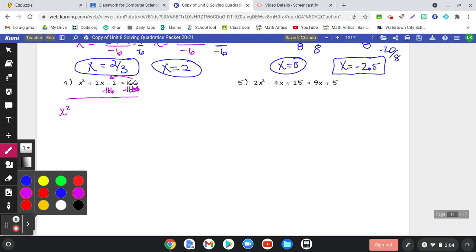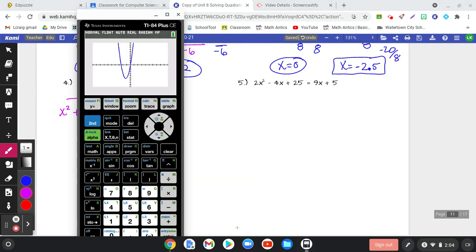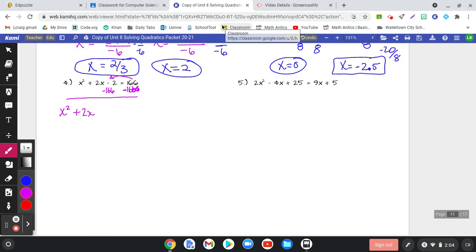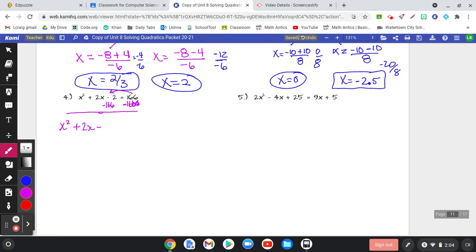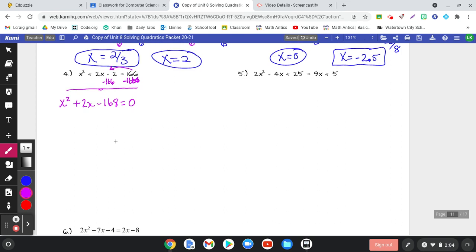So x squared plus 2x isn't changing. Negative 2 minus 166. If you're not sure, use your calculator. Negative 2 minus 166. Negative 168. Okay. Big numbers there, but that's okay.